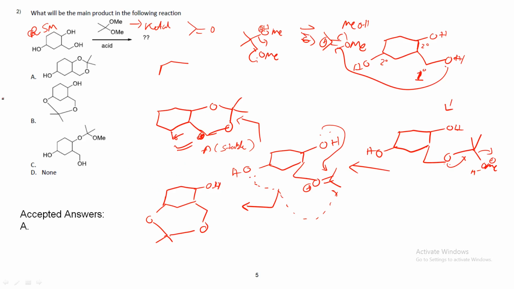So this we can eliminate. This is what we are generating, so this should be one of the answers. Here you can see this is one of the intermediates we have generated. This cannot be stable in presence of acid. The second attack would be easily preferred, so we cannot isolate it in this form. So that's how the right answer would be A.